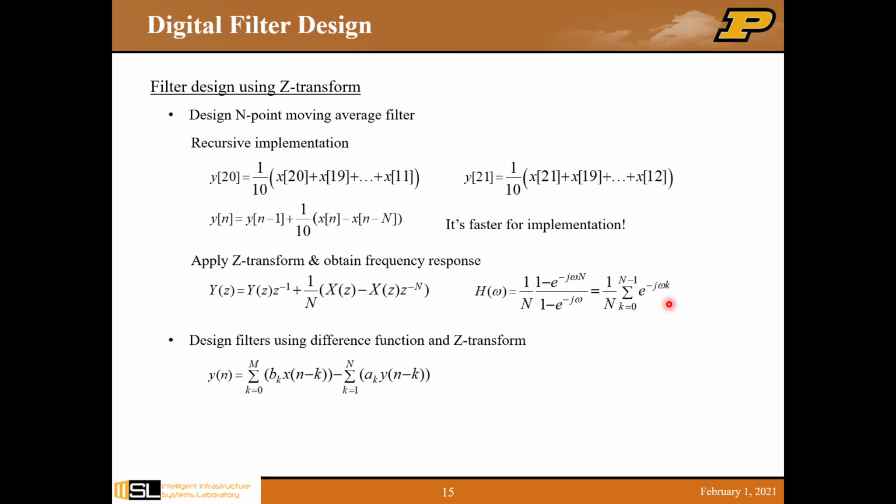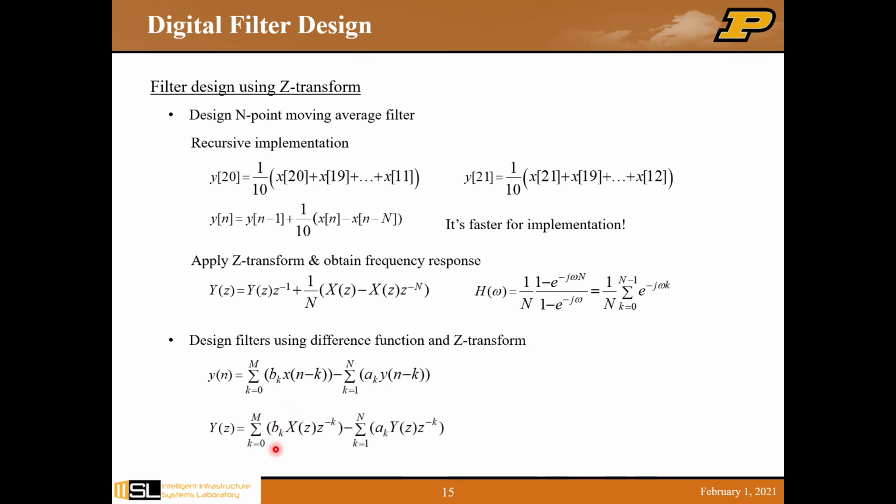So here, for summary, the purpose is using the Z transform to design a filter. First of all, we represent the filter in the difference equation: y[n] is equal to a summation of the previous inputs minus the summation of the previous outputs.